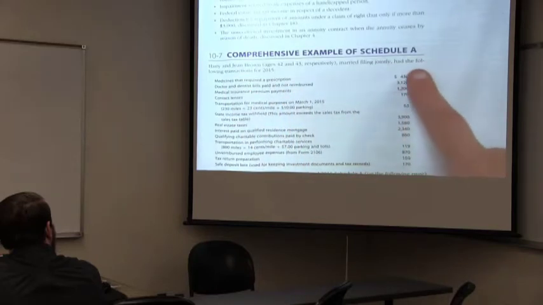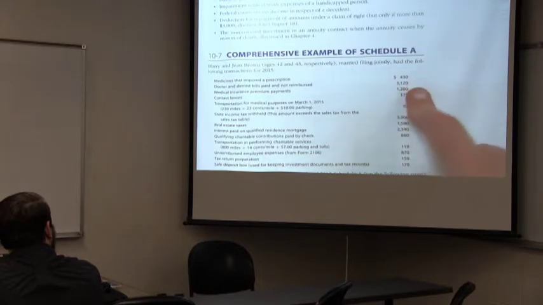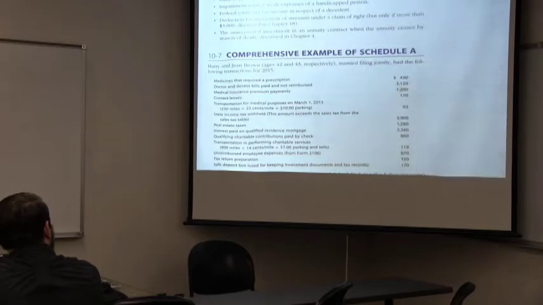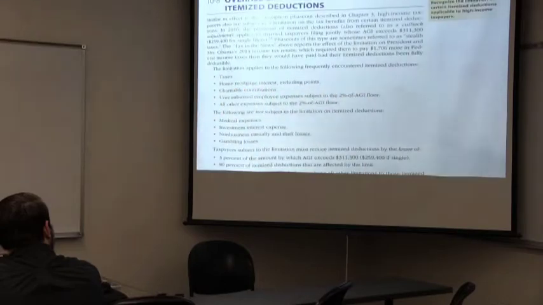Prescription medicines, $430. Doctor and dentist bills, $31.20. Medical insurance premium payments, $1,200. Contact lenses of $170. Transportation for medical expenses of $63. So if we were to add this all up, go to the next page.